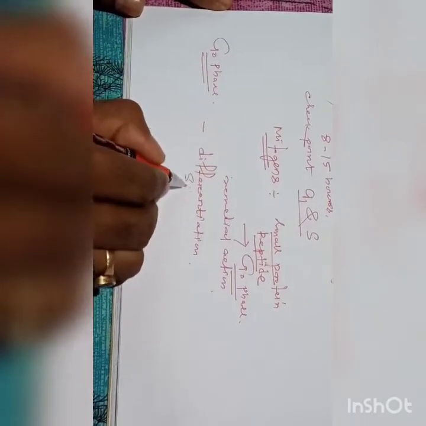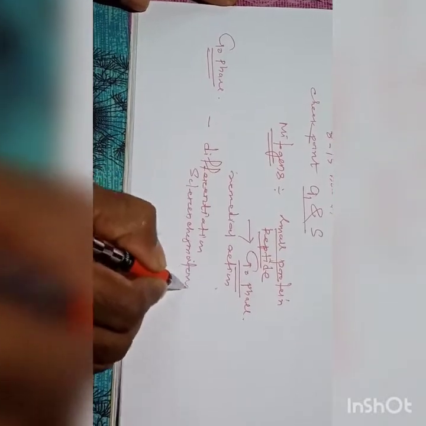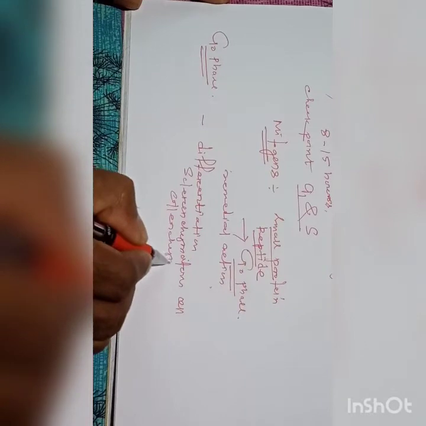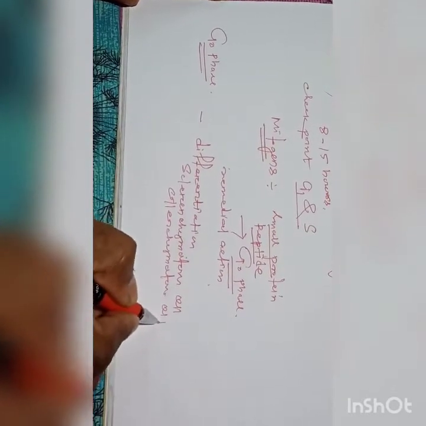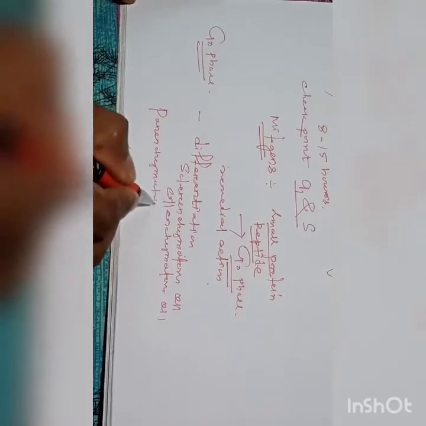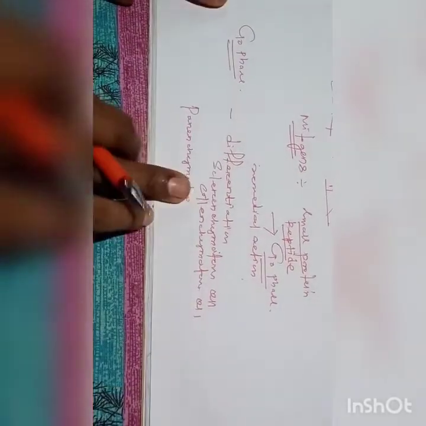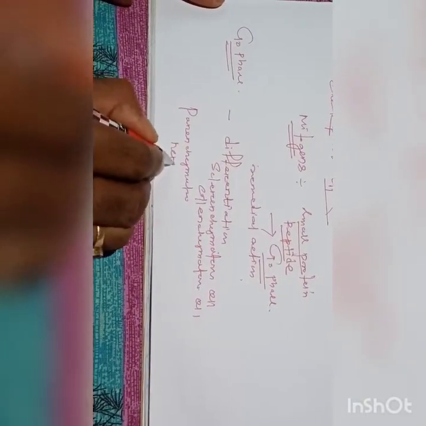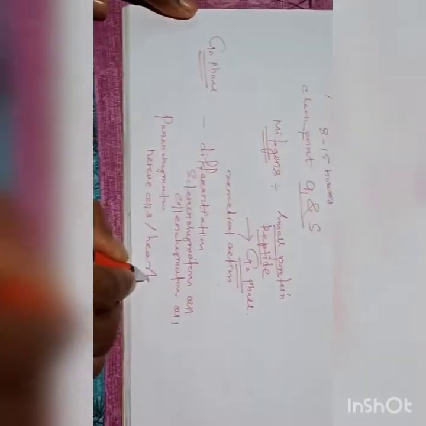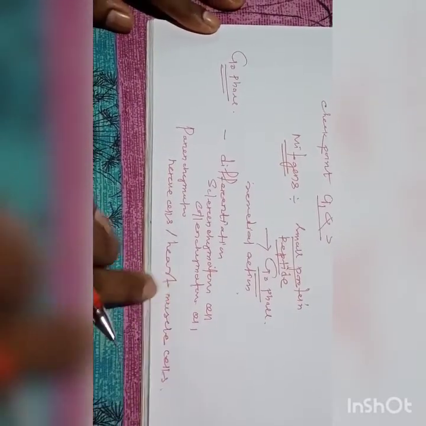size, like sclerenchymatous cell or collenchymatous cell. But the parenchymatous cell has the ability to again enter the cell cycle, and some types of cells, that is nerve cells and heart muscle cells, become post-mitotic.